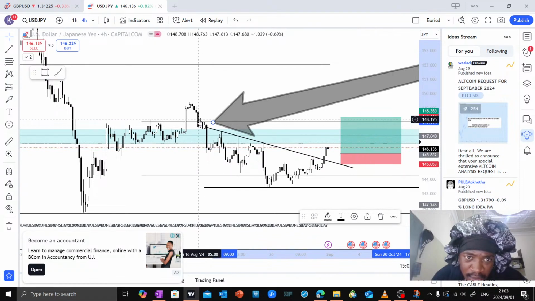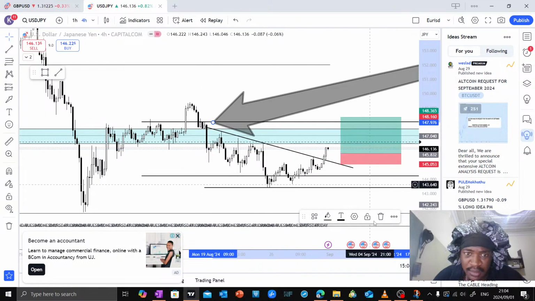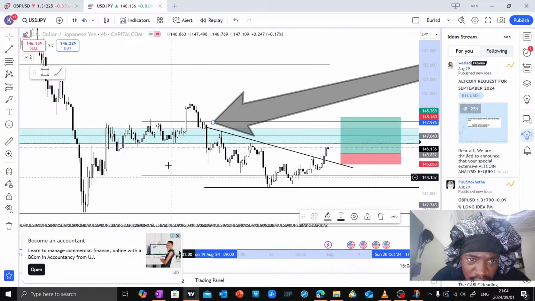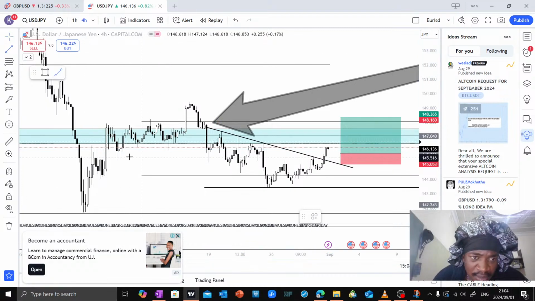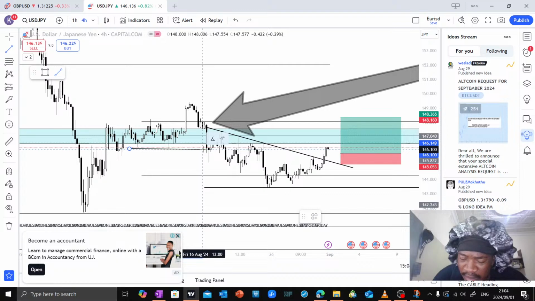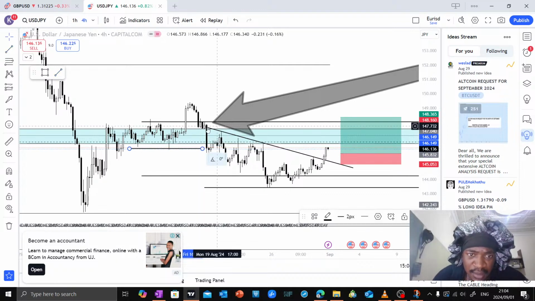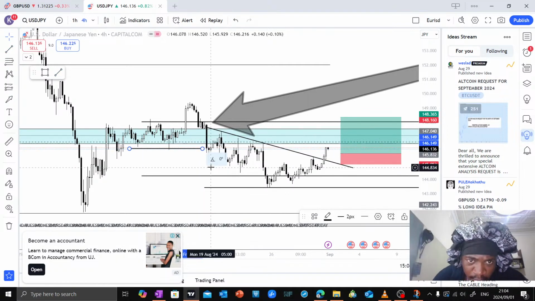Either we can respect that high, or the market can come back, taking a sell just below those parts, sell to the downside, or take the fair value gap that's right there, and then take to the sell side. Also take note, when we broke to the downside, we were going up, and then this is the part where the market changed character, and this fair value gap broke to the upside.